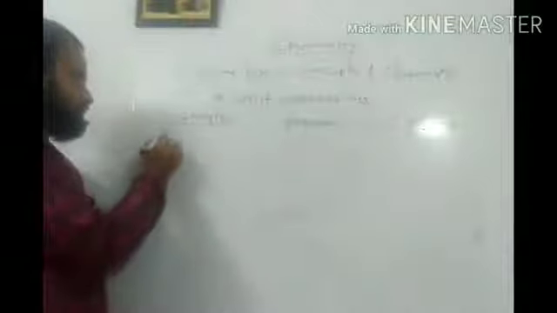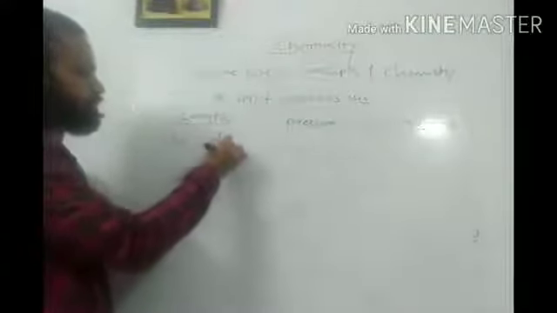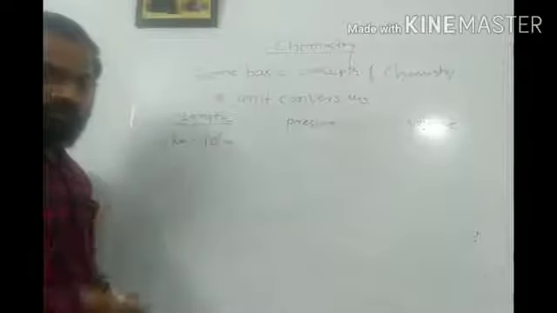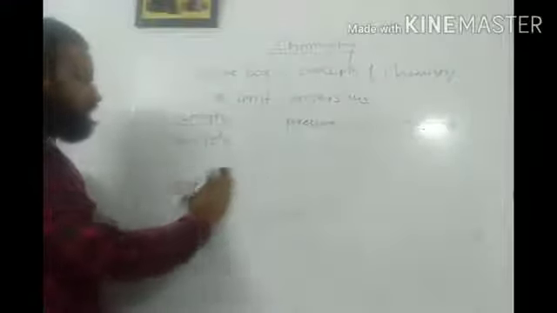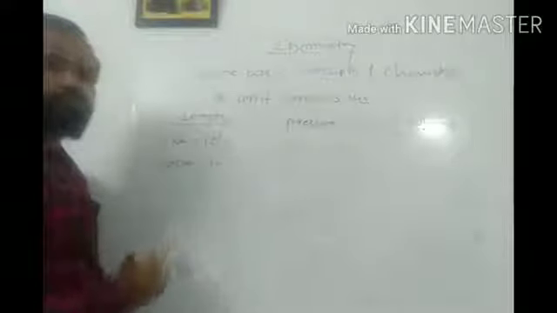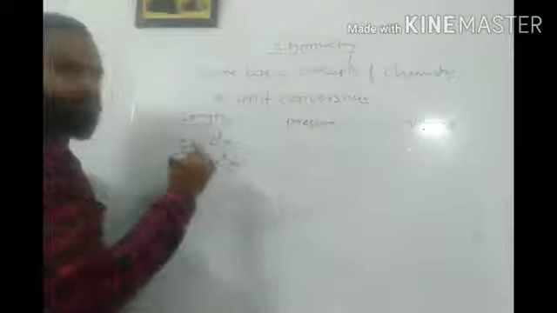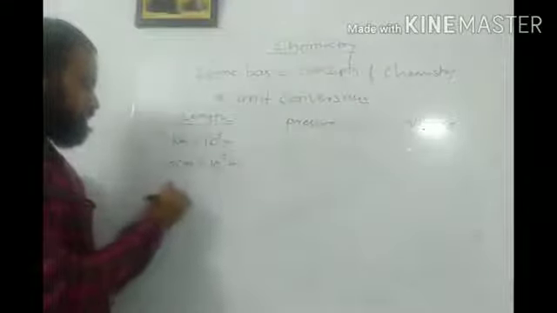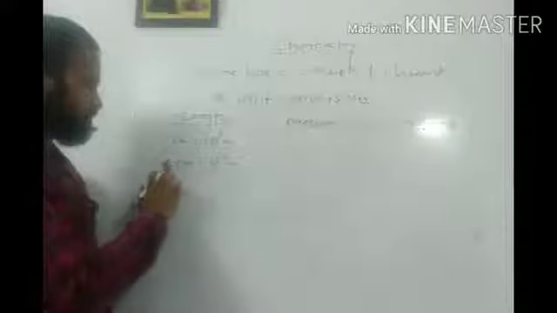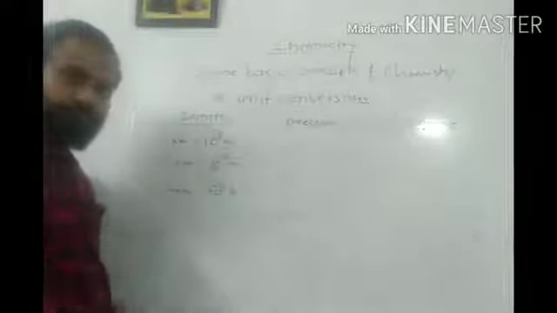Let us say this common unit, 1 kilometer, we write as 10 raised to 3 meter or 1000 meter, isn't it? Then similarly 1 centimeter is 10 raised to minus 2 meter, and 1 millimeter will be 10 raised to minus 3 meter.